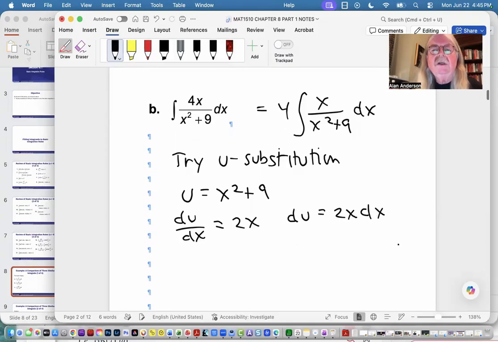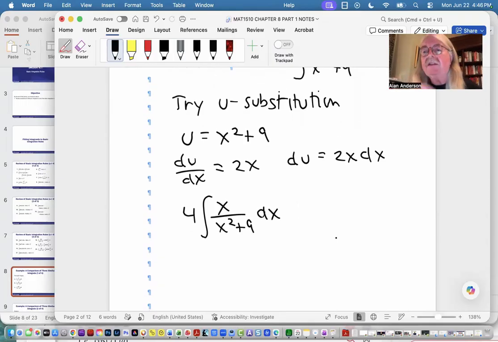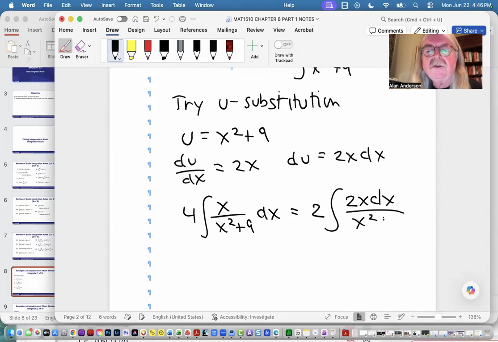All right, so let's write this down again. Now, there's just one problem, of course. We don't actually have here 2x dx, we have x, but that's because the 4 is on the outside. So here's what I have to do. Without changing anything, I'm going to rewrite this. Okay, you can see algebraically I haven't changed anything, but all of a sudden, look what I have.